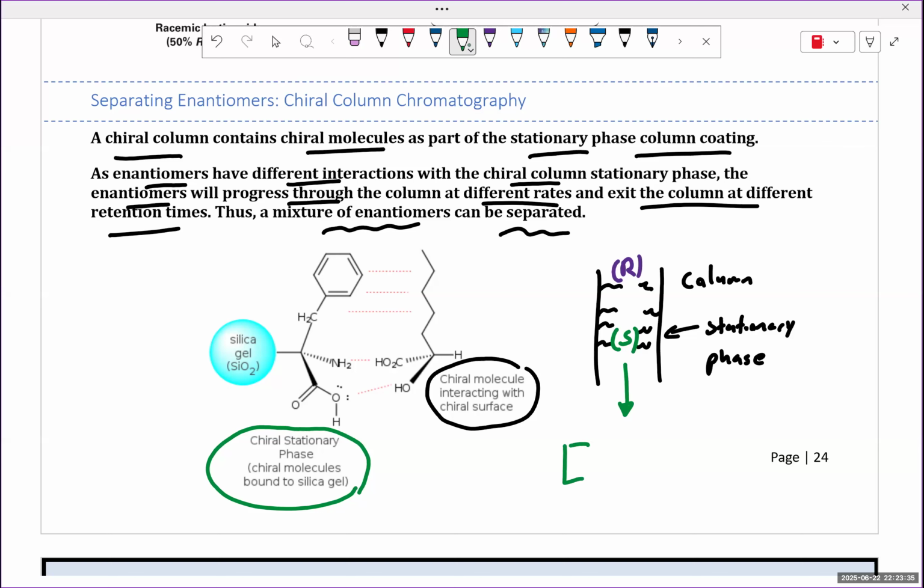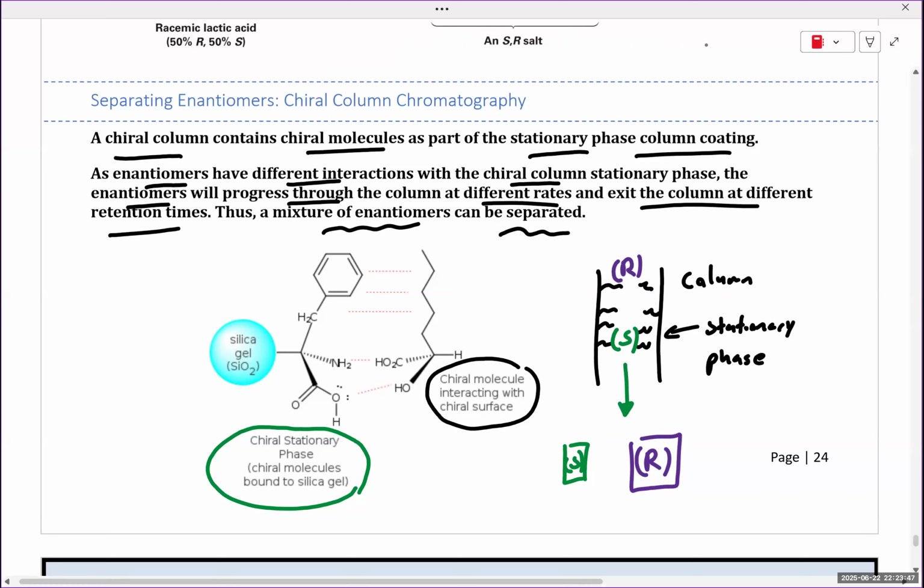So this allows us, because these two enantiomers progress through the column at different rates, to collect and separate our enantiomers as they leave this chiral column. So these are the common methods used to separate enantiomers: chiral resolution or chiral column chromatography.